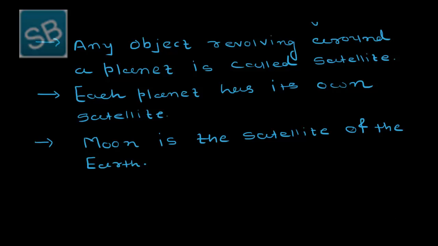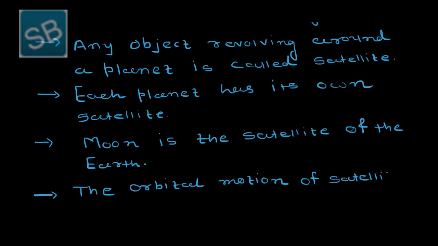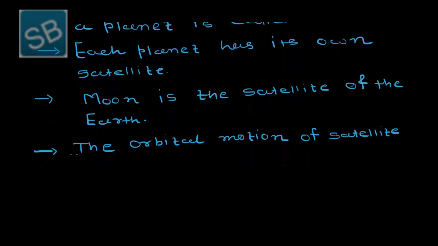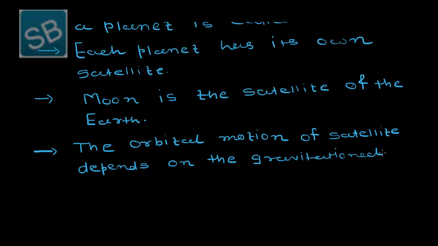Now here, as the satellite is moving in a circular path or in an orbital path, the orbital motion of satellite depends on the gravitational force by the planet and the initial conditions.